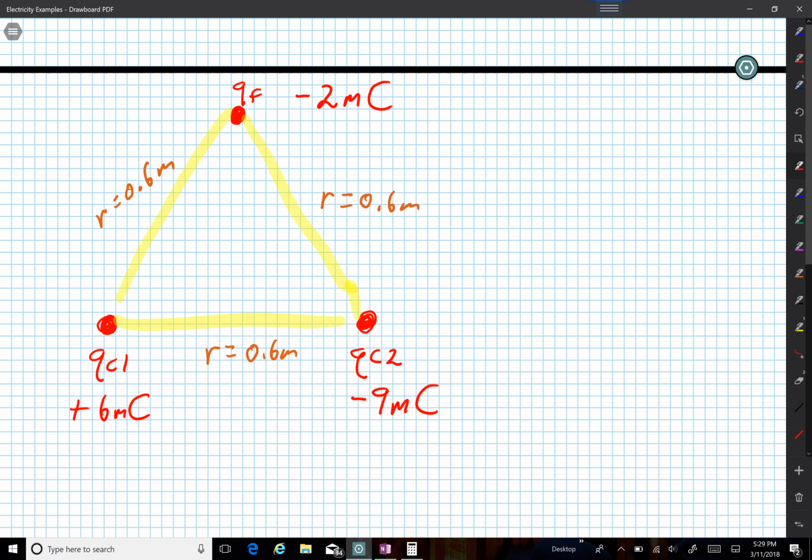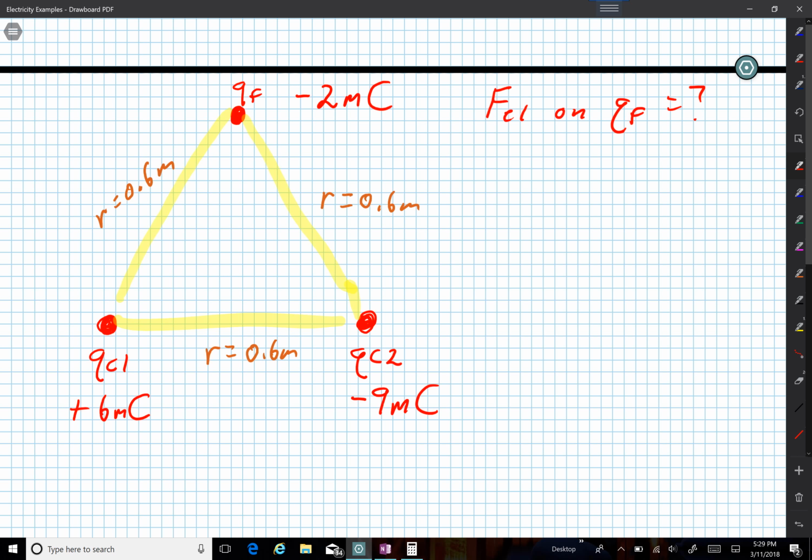And this is my physical diagram. Okay? Remember physical diagrams? This is my physical diagram. And now we're asked for force electric on QF. That's what we want. The force electric on QF equals what? And immediately you should think, well, I have two central charges.